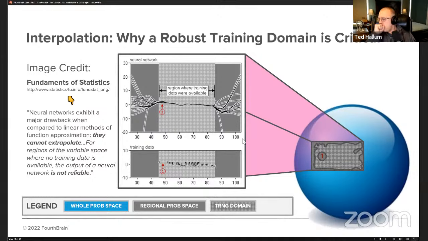Now, I was able to get a fantastic graphic here from the fundamentals of statistics and tie it to our visual that we've been working with. So our training domain here is represented by the same checkerboard pattern that we have over here. The problem space that we don't have data for is represented by the dark gray.